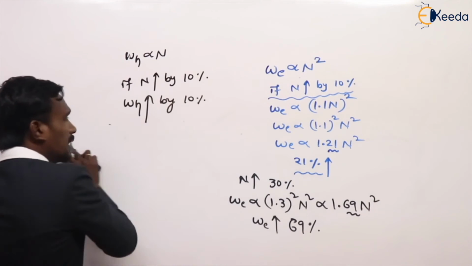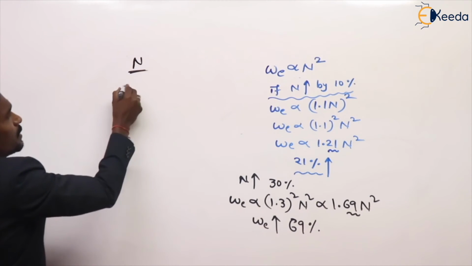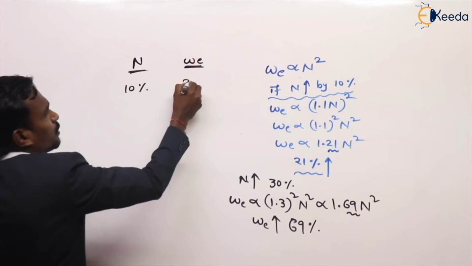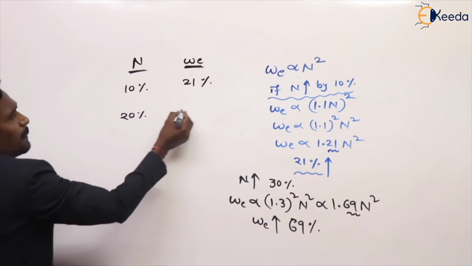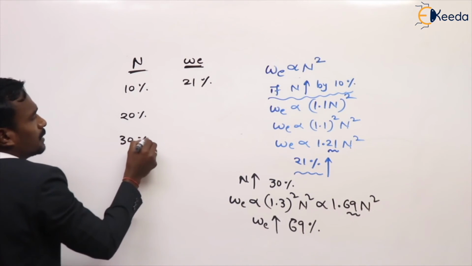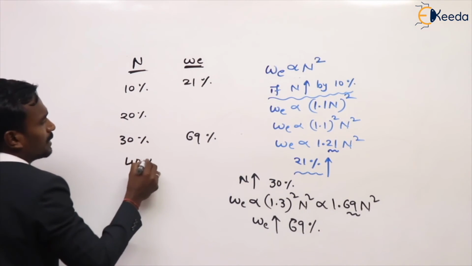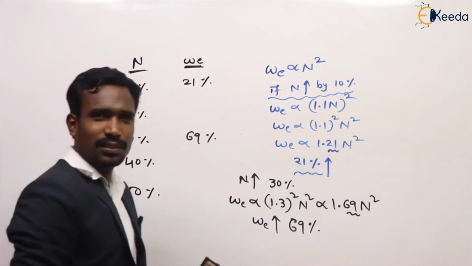If the speed increased by 10%, eddy current losses increase by 21%. If the speed increased by 40% or 50%, what are the answers?